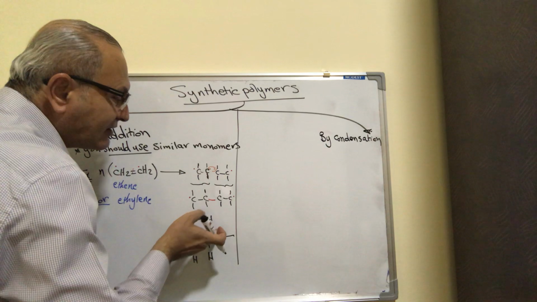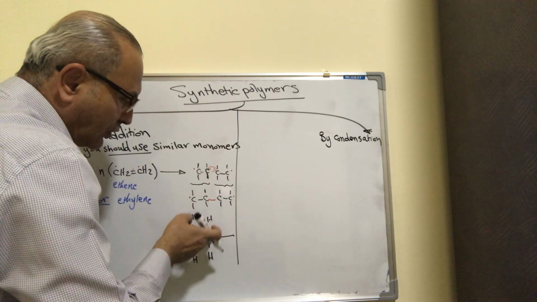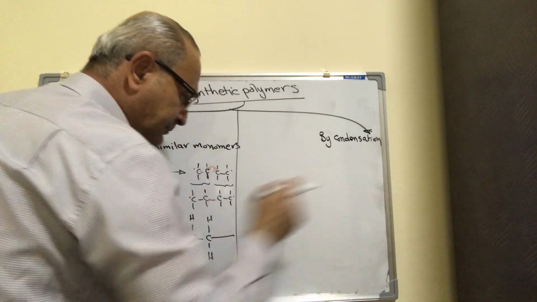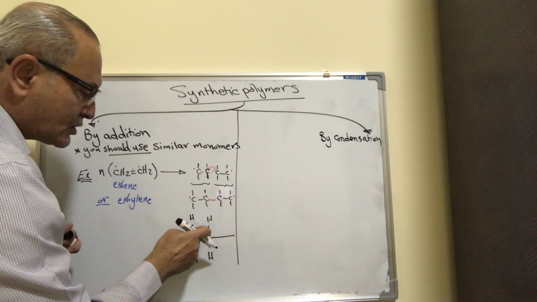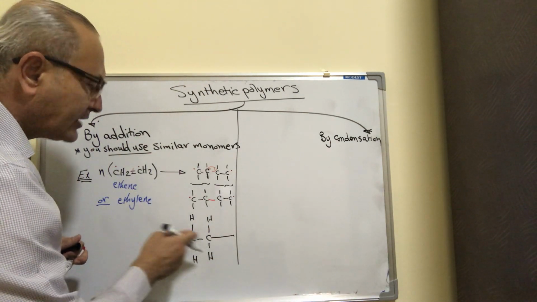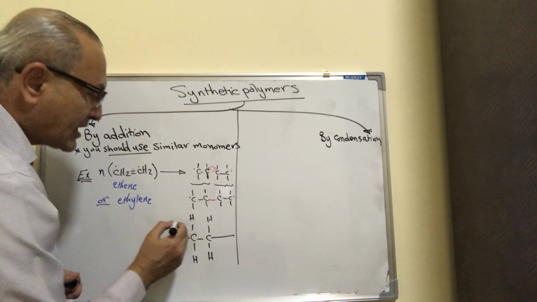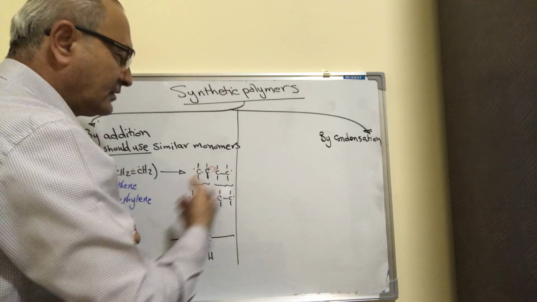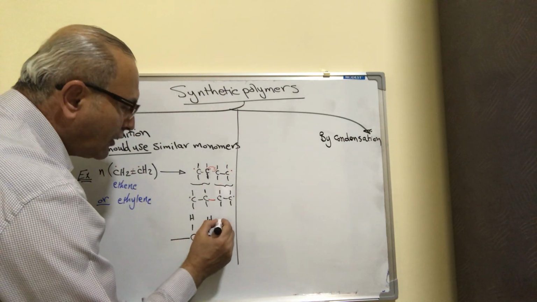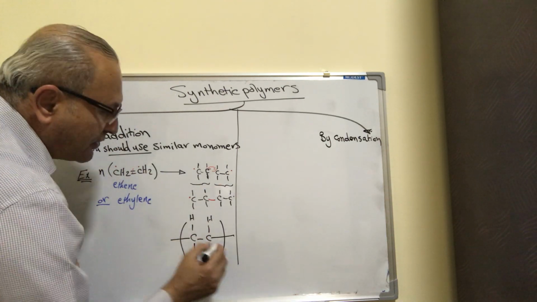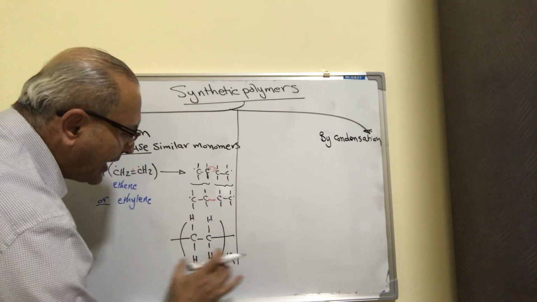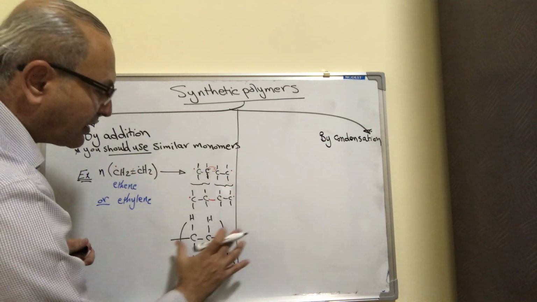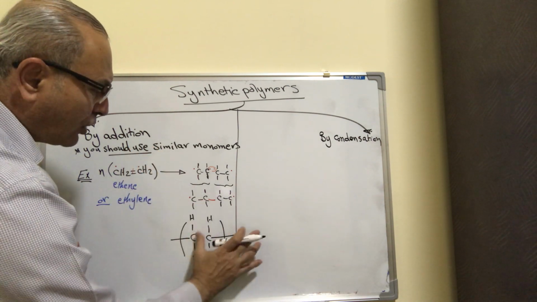This line means that this monomer is also repeated on this side thousands of times, and also repeated from this side thousands of times. And instead of writing a million, 500, 100 and so on, we just put it like that. This is the way in which we draw the polymer, the general composition of the monomer.